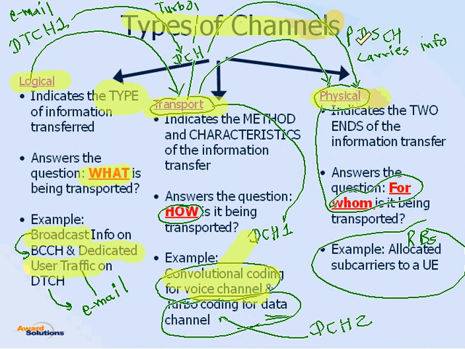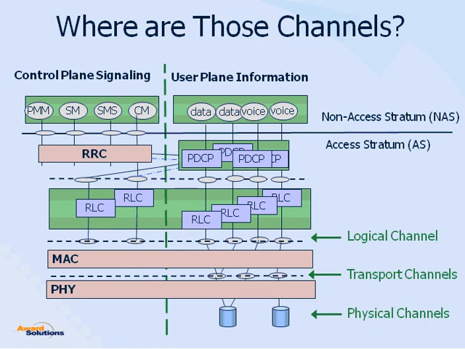Okay, now you may be wondering where the channels are. We have a protocol stack between the eNodeB and the UE. So we have the eNodeB and the UE, and the air interface is your Uu air interface. Over that air interface, this is the protocol stack that we have. We have physical layer, we have MAC layer, RLC, PDCP, and RRC.